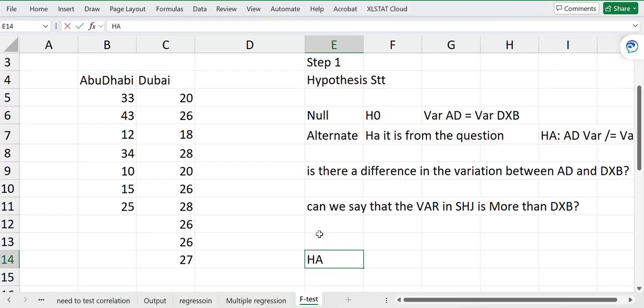My HA will say variance in Sharjah is more than variance in Dubai. Now when I put more than here, how will I write my null? H naught will become variance in Sharjah is less than or equal to variance in Dubai.